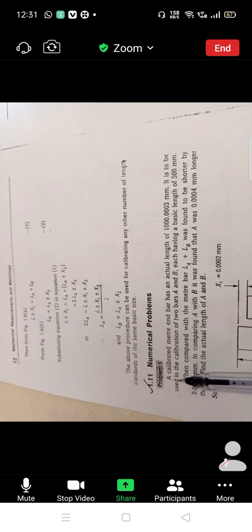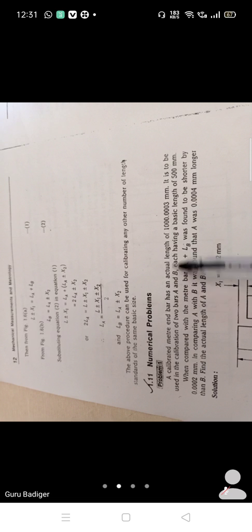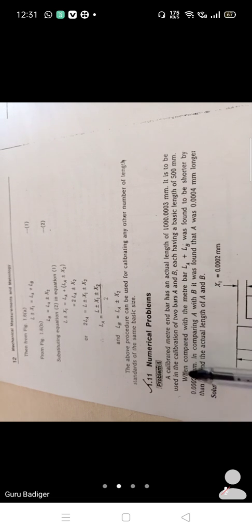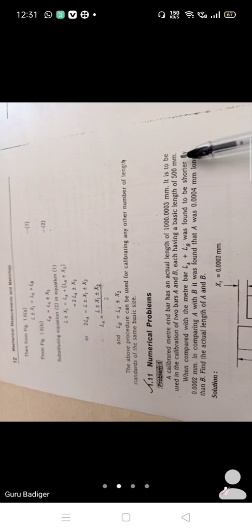So once again, a calibrated meter end bar has an actual length of 1000.003 mm. It is to be used in the calibration of two bars A and B, each having a basic length of 500 mm.